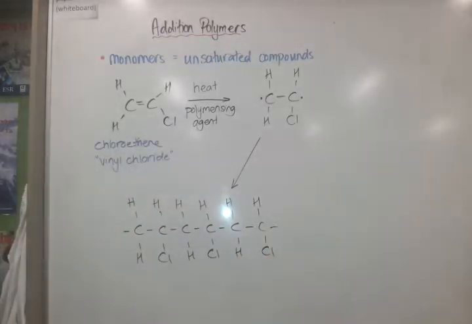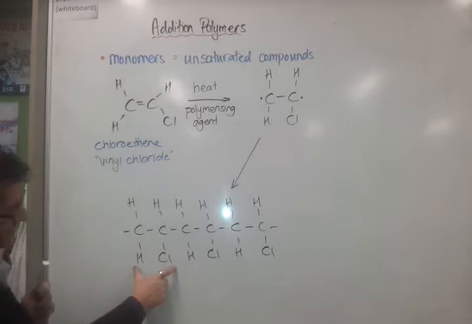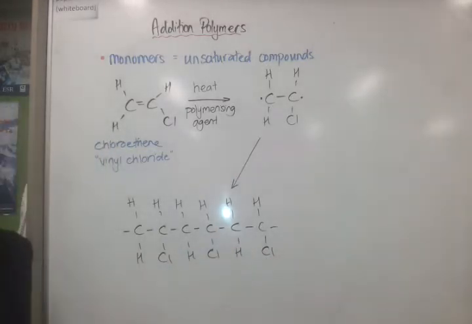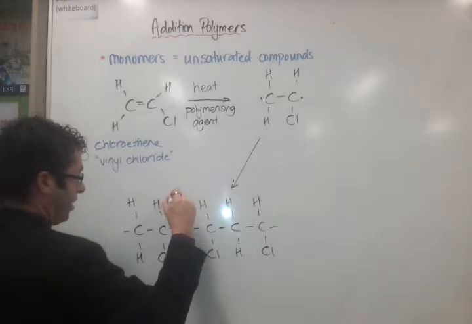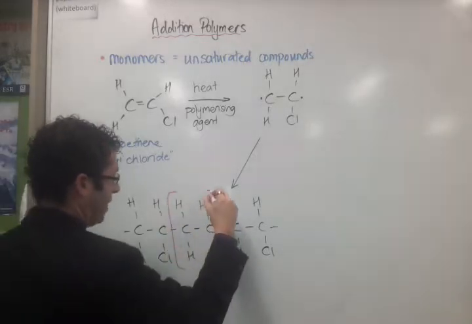And you can see that it keeps repeating itself. It's got in it what we call a repeating unit, something that keeps looking the same. So we call this a repeating unit. I'm just going to show square brackets around that.